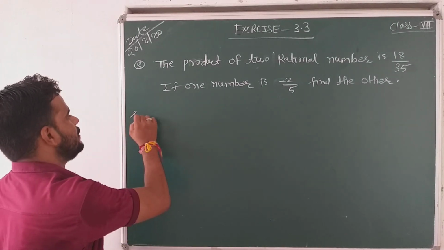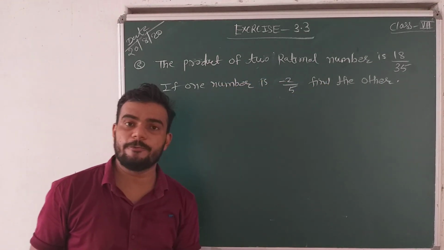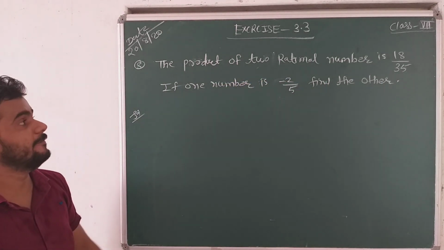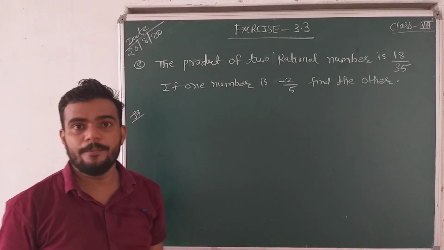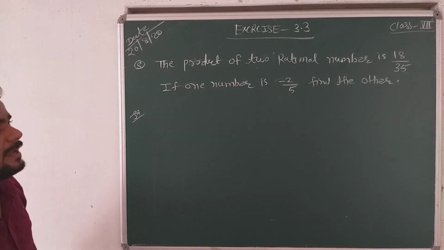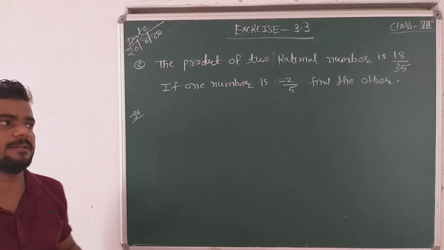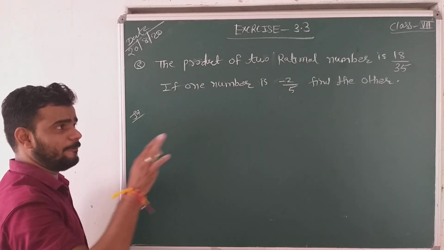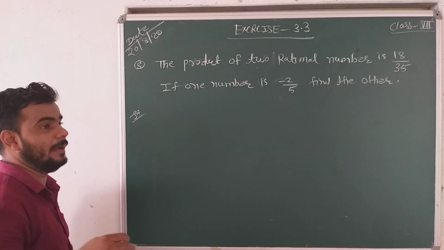Okay students, so the second question: the product of two rational numbers is 18 by 35. If one number is negative 2 by 5, then find the other number. So in this type of question, directly a formula is there, so you have to use the formula and find out the answer. Always if the product of two numbers is given, then one number is also given, and he is asking about the second number.